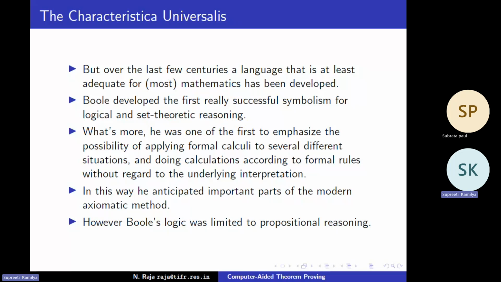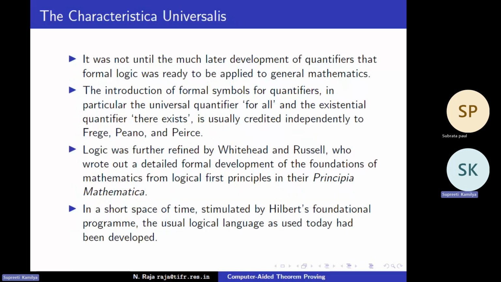But of course, we know that Boole's method was limited to propositional reasoning, and we want to go much farther beyond that. It was much later, with the development of quantifiers, that formal logic was at a stage that could be applied to general mathematics, not just propositional logic.